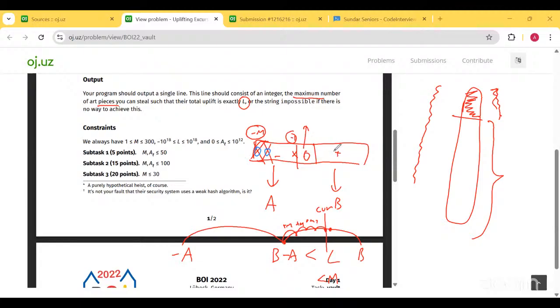And sometimes we need to remove some item that we are currently using, right? To make it exactly L. And we will use knapsack to make it exactly L by adding these items.